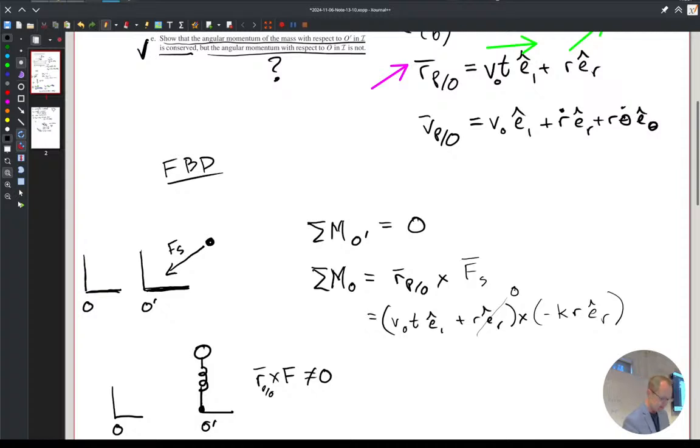That cross product is 0. But then I end up with a negative k v0t in that k direction.